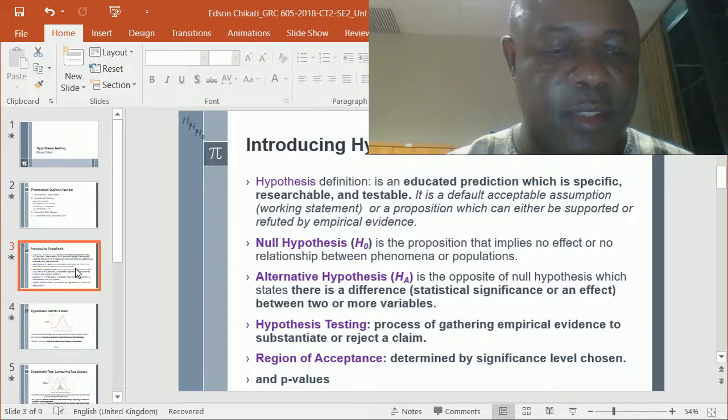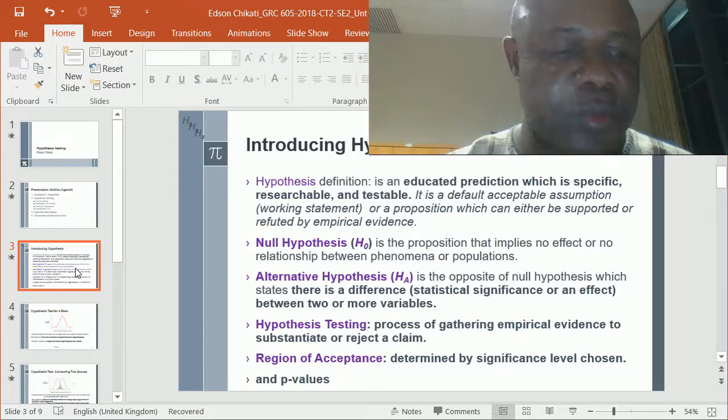For instance, if the researcher chooses a 95% level of confidence, it therefore means the significance level is 5%. When you add the two together, significance level and confidence level, you must get 100%, or a 1.